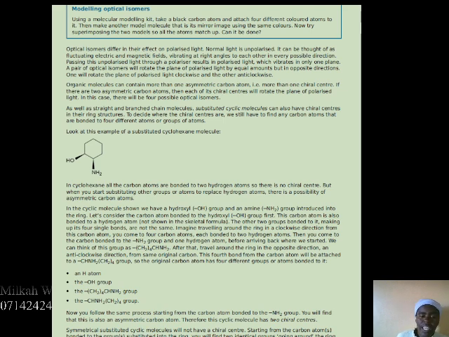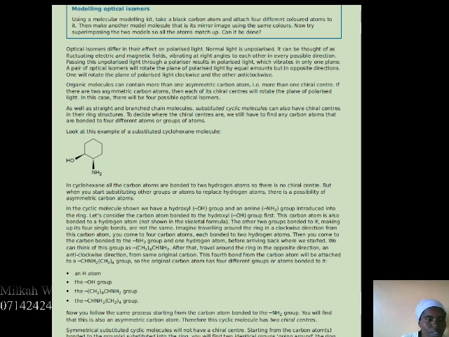To decide where the chiral center is, we have to find the carbon atom that is bonded to 4 different groups. In this example we have a cyclohexane. Normally the carbon is bonded to hydrogen atoms, but they are not shown because this is a skeletal structure.